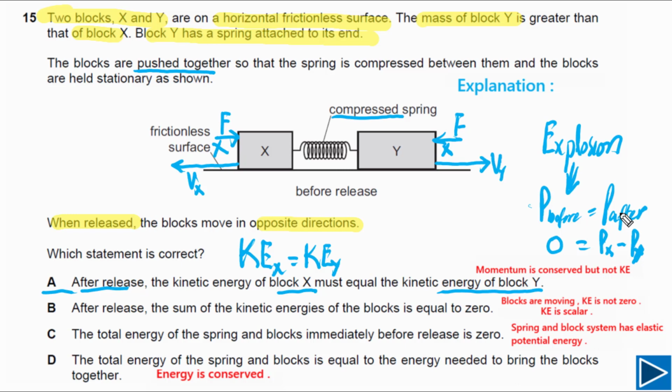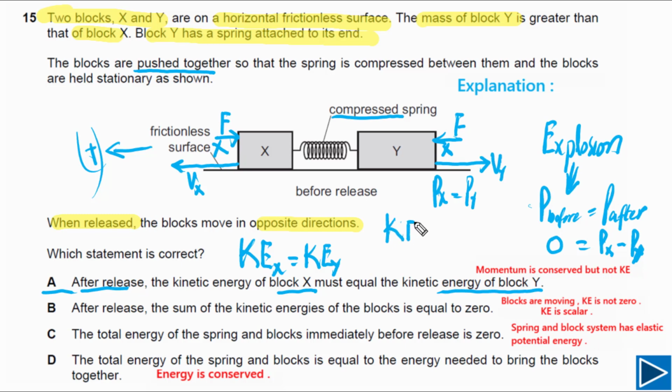This is the first thing we need to understand. If we take this side, for example, this momentum is positive and has a certain momentum, let's say Px, and the momentum of this one will be negative because it is in the opposite direction. So Px minus Py will be equal to 0, or simply we can say Px has to be equal to Py.